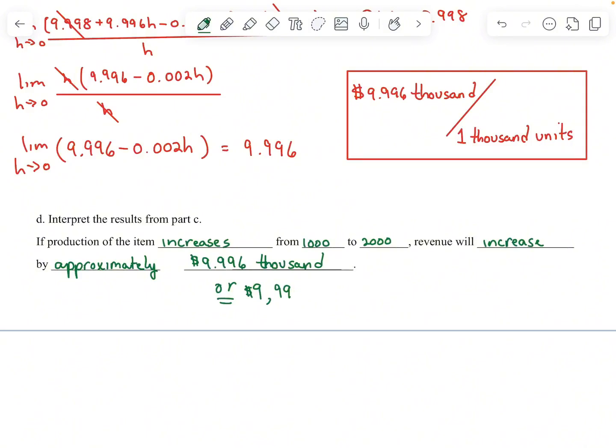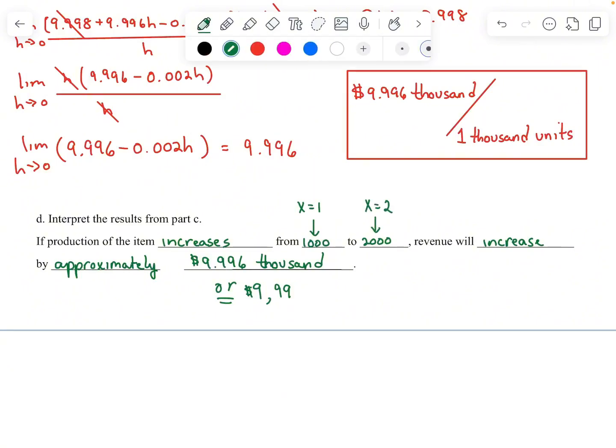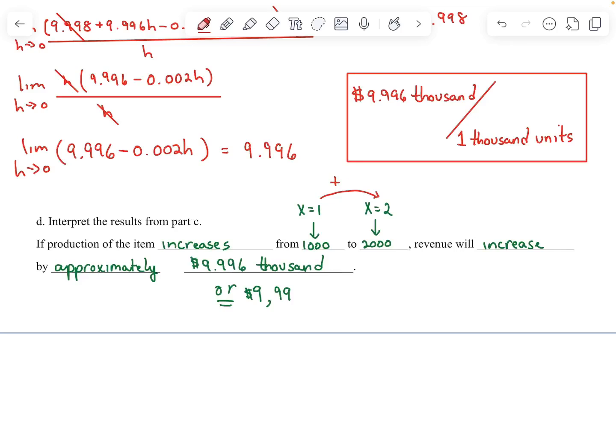So I want you to notice a couple things. Notice that we didn't go from 1,000 to 1,001. And that is because 1,000 is actually x is equal to 1, and 2,000 is x is equal to 2. So the span of this interval is actually 1. The other thing I would like you to notice is that we use the word approximately.